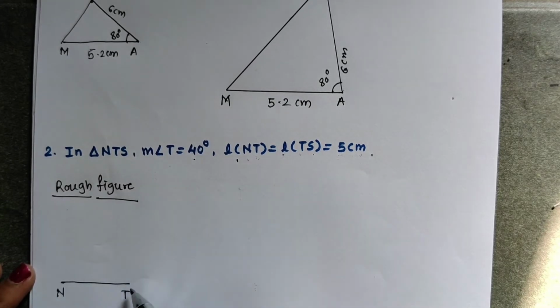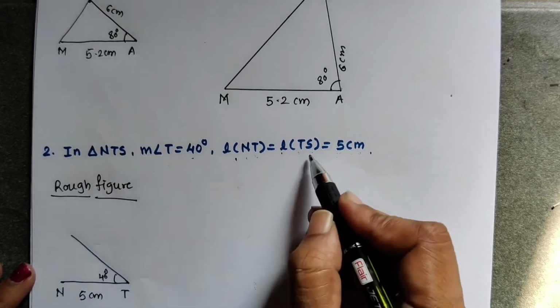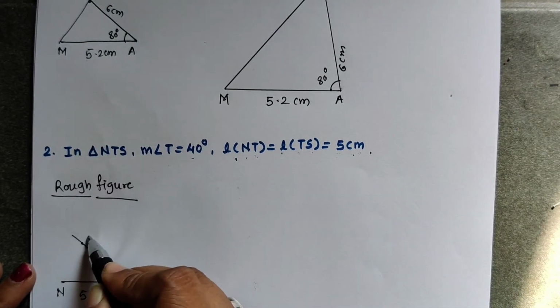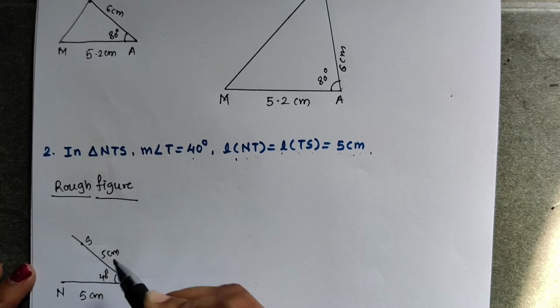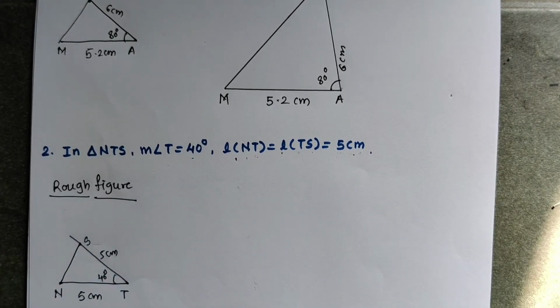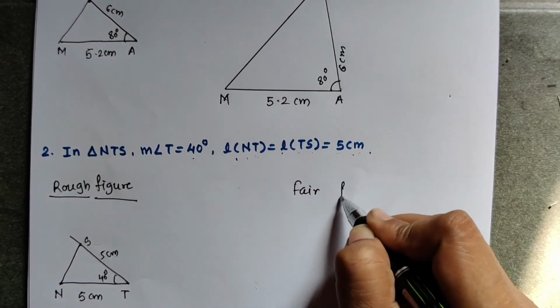Angle T is 40, it is an acute angle of 40 degree. Now TS is 5 cm, so from T till S this is 5 cm. Now we can join N and S. So in this way we can get the rough figure. From the rough figure we have to draw the fair figure now.